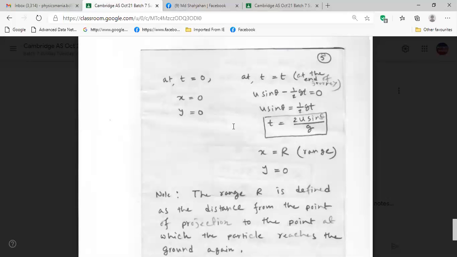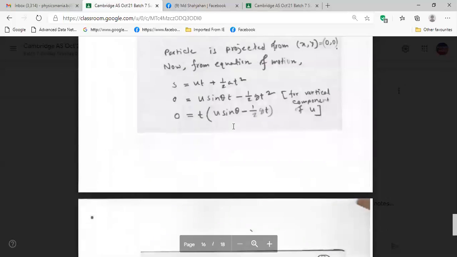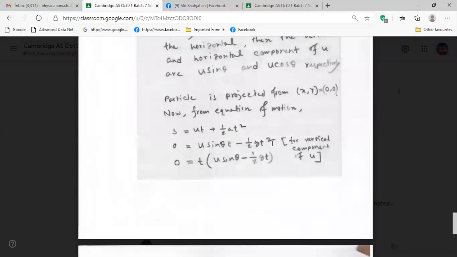Why did we get that? In our previous page, you see we have this, right? You know about the factorial rule of equation. Like this one, we have t multiplied by (u sin theta minus half gt), right? So t will be 0, and also the whole bracket part will be 0, right?